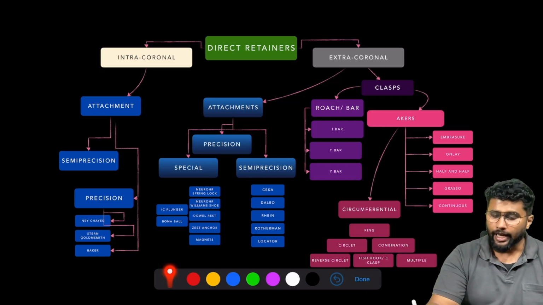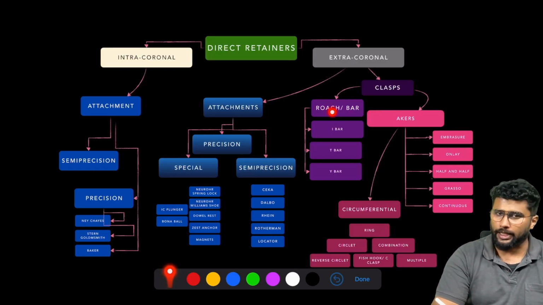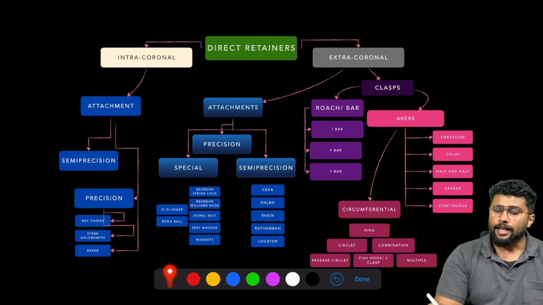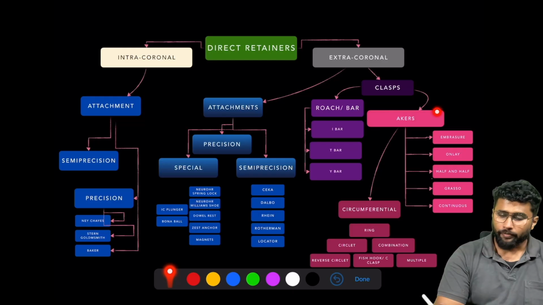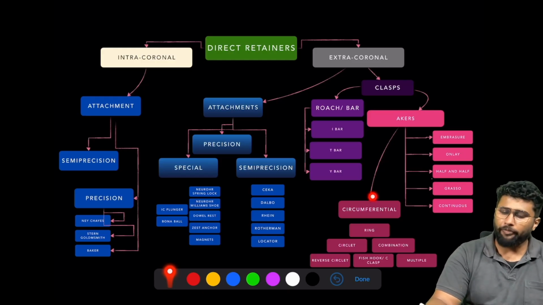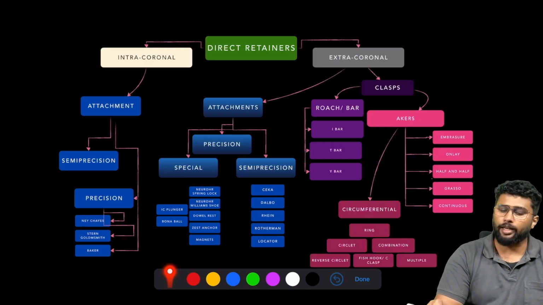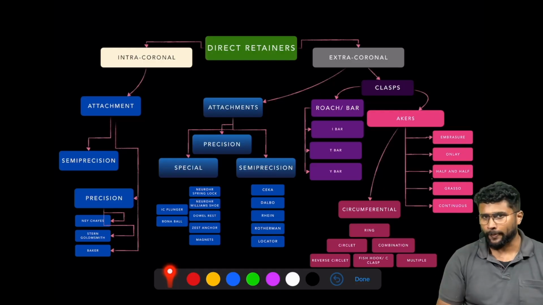Now, these can be further divided into roach or bar type clasps and circumferential or acres type clasps. In the acres type, you have multiple types known as embrasure, Ney, half and half, and Gasser, and you have a small subfamily called the circumferential clasps, which have ring, circlet, combination, reverse circlet, and so on.